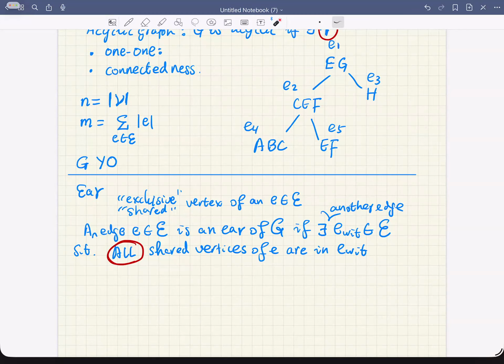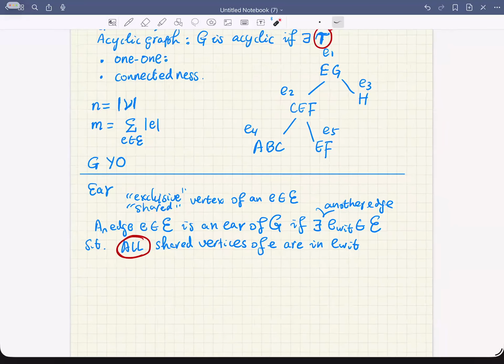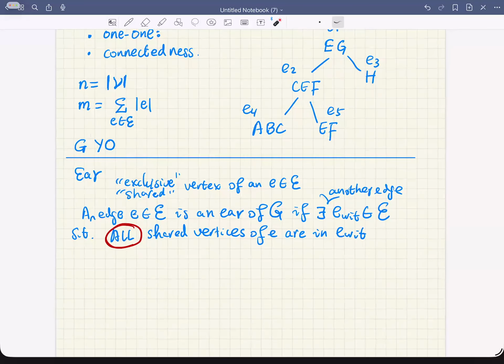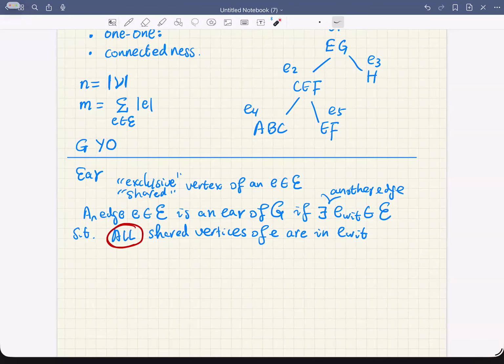So today, a very big part of our seminar will be devoted to learning about ears. We'll see this is standing at the very center of this notion of acyclicity. Let me first give you the good stuff, and then I'll talk about the bad stuff. The good stuff will be the algorithm.